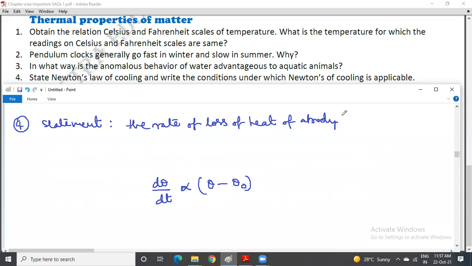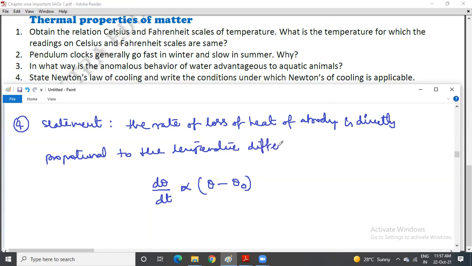Rate of loss of heat of a body is directly proportional to the temperature difference between the body and surroundings.